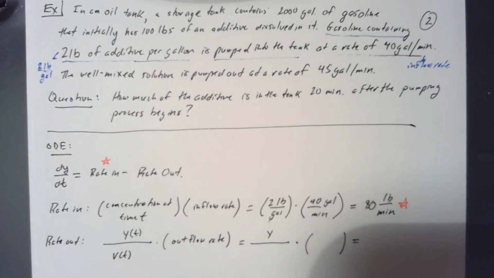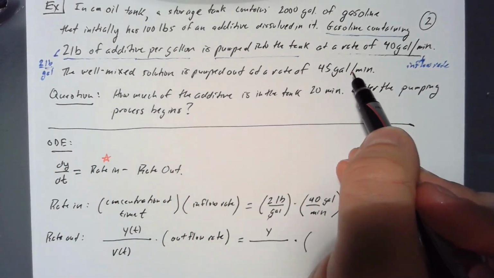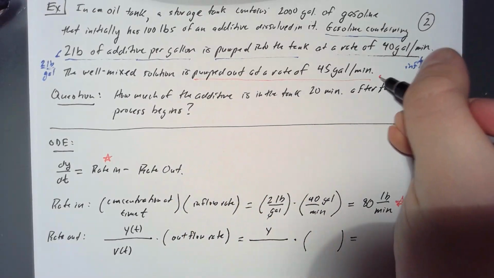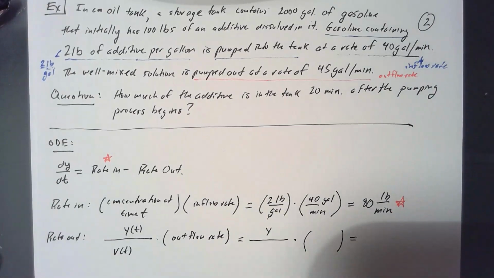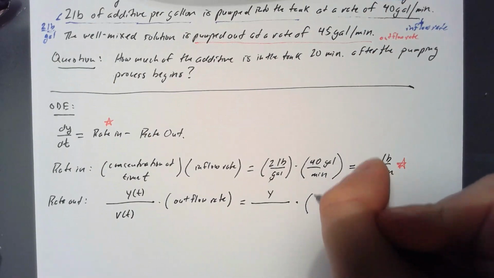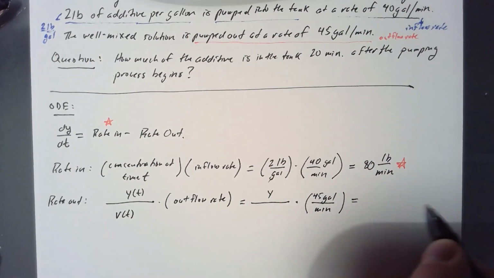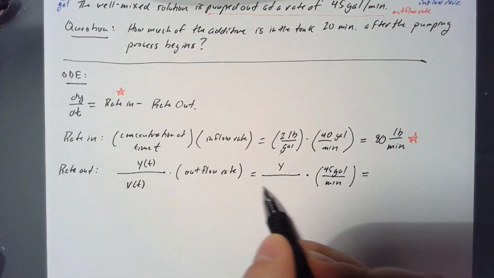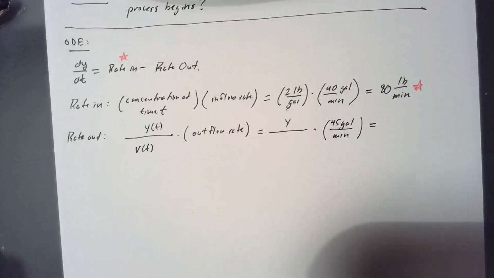The well-mixed solution is pumped out at a rate of 45 gallons per minute. That's the outflow rate. Now we don't know the whole expression yet because we still have to figure out V of t, the volume function for the tank. So let's do that down here.